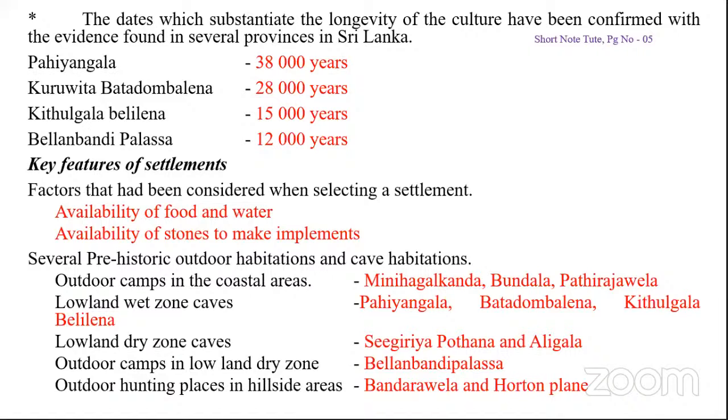Sometimes you have to write three examples for the wet zone caves, two examples for dry zone caves, and what are the two types of habitations. Like that, they give the question. The answer: outdoor habitations and cave habitations, right?